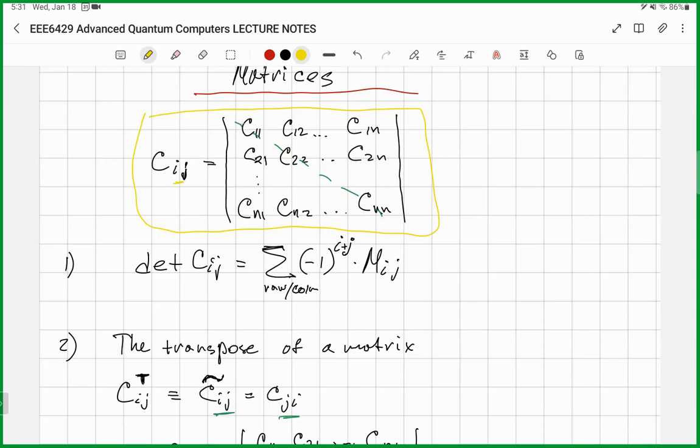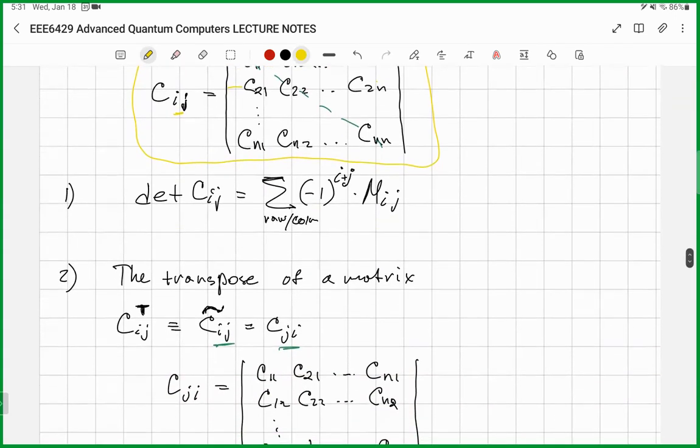So when i is equal to 1, it is the first row, 2 is the second row, etc. And the second index j is the column, the first column, second column, etc.